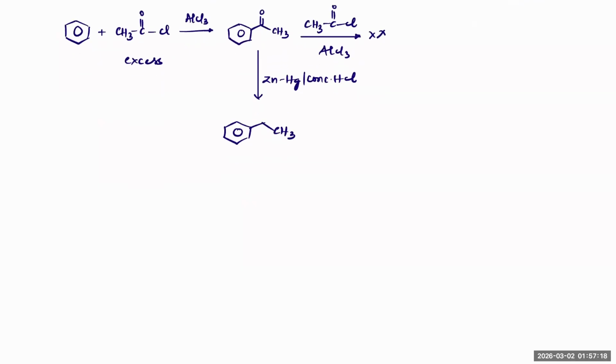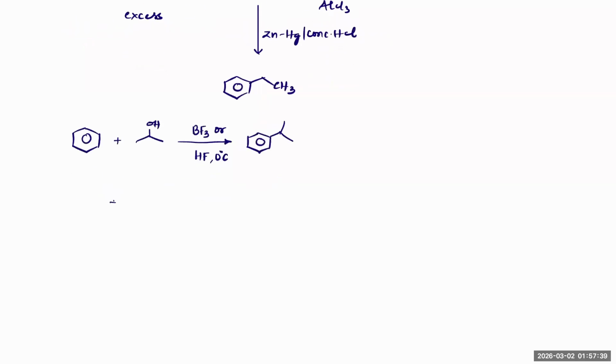This way, Friedel-Crafts reactions can also be done with alcohols in the presence of either a Lewis acid or HF at 0 degrees Celsius. There also you can get a product like this. You can take an alkene and react with PPA, polyphosphoric acid, at 0 degrees Celsius. Even then, you will get a product like this.